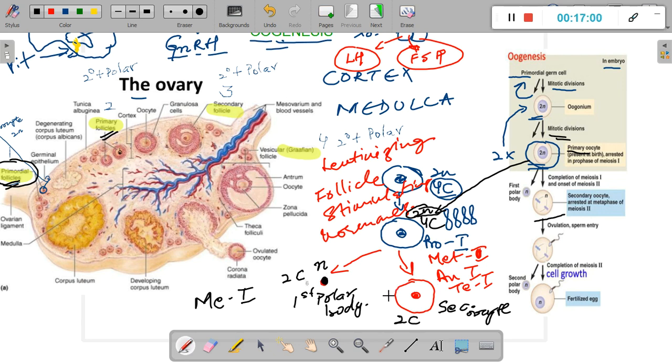I hope you've learned this in meiosis, but anyways, I am also going to provide you with some supplementary material where you can again recall why the products of meiosis 1 are haploid. But at the moment, you must remember that at the end of meiosis 1, we get two cells, the first polar body and the secondary oocyte. Both of them are haploid, but they still have double the amount of DNA. Right, now we'll go to the next part.